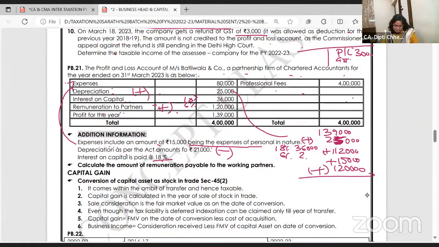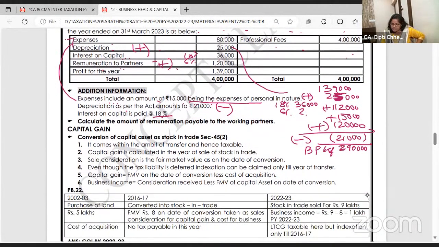हाँ, depreciation as per income tax दिया है. So can we reduce depreciation as per income tax? Yes. Now you are getting the correct book profit before remuneration. How much? 2,90,000. So 2,90,000 ka how much you can pay? Up to 3 lakh, 90%, 2,61,000 tak you can pay the remuneration.